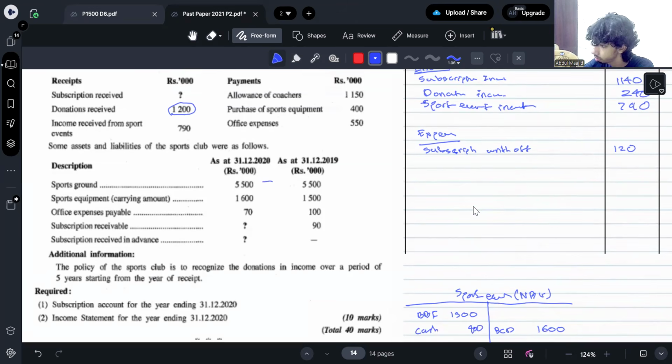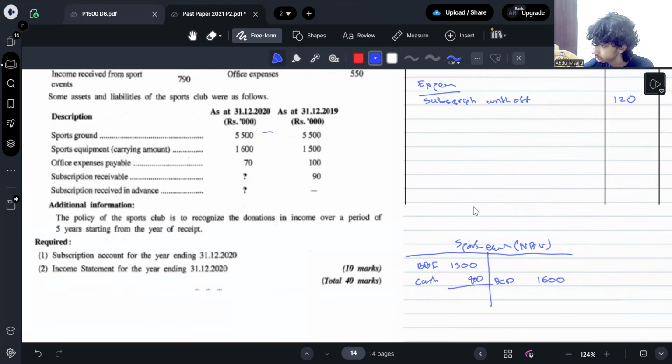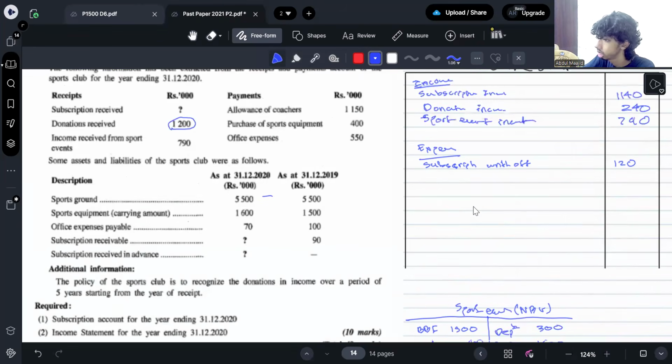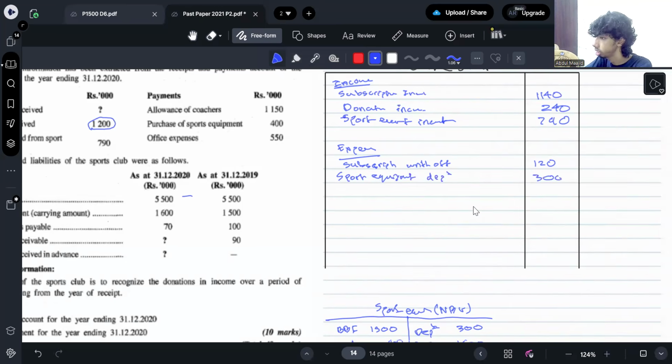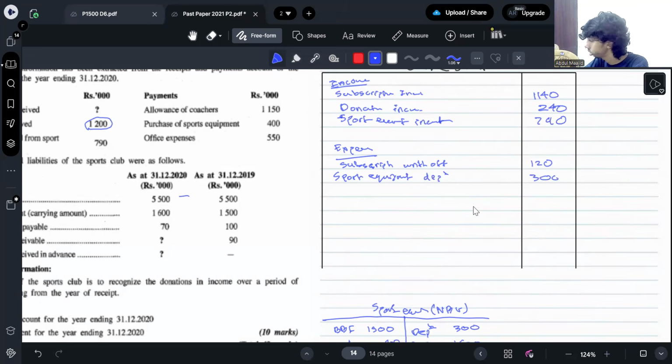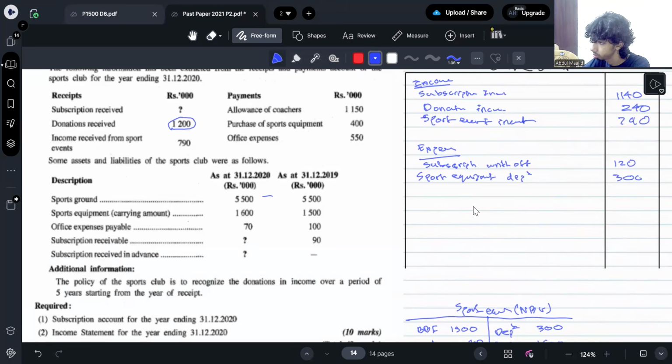Now you can balance off and find the depreciation. 1,900 minus 1,600, depreciation will be 300. So you can say sport equipment depreciation 300.